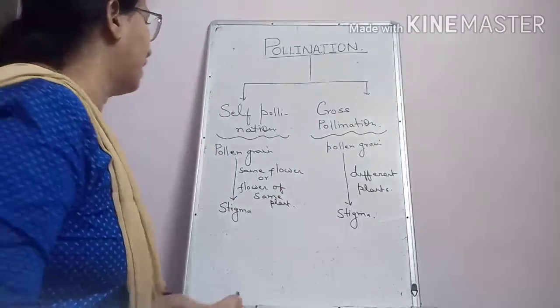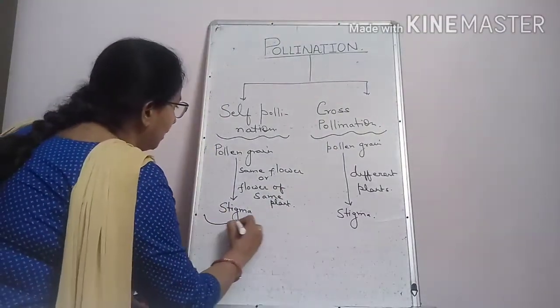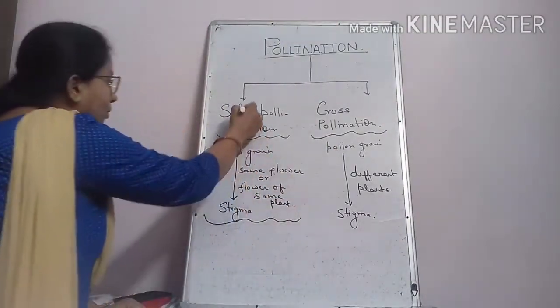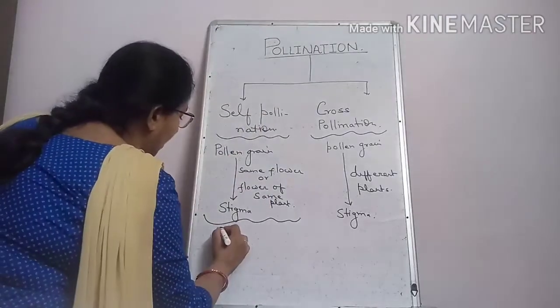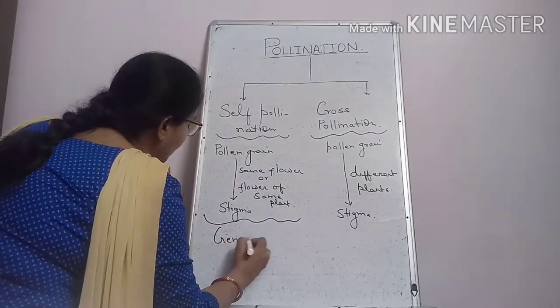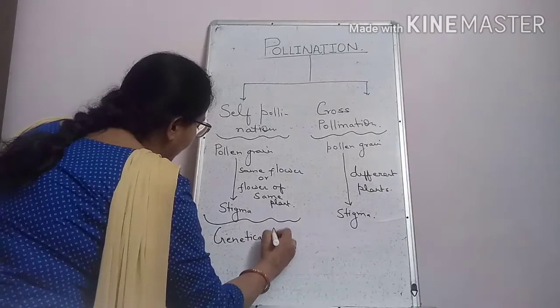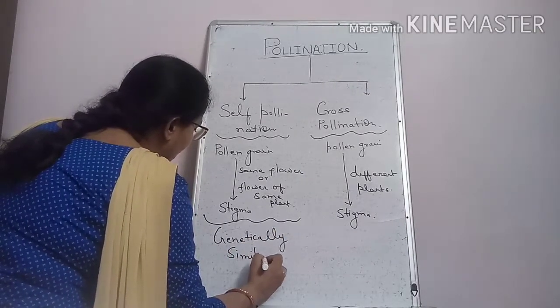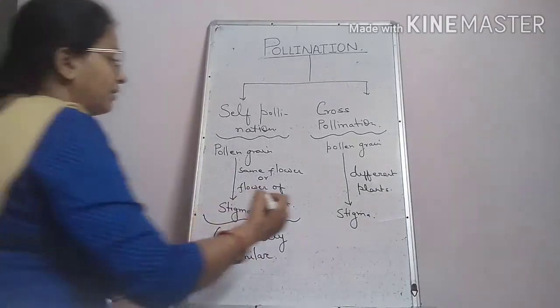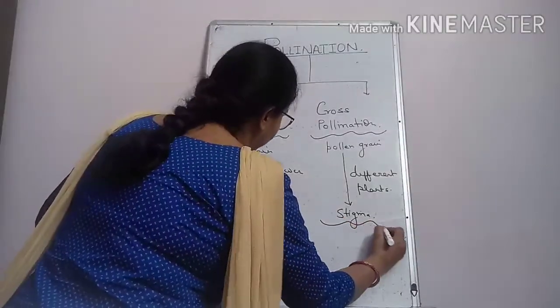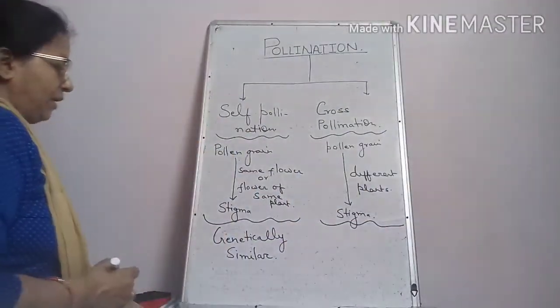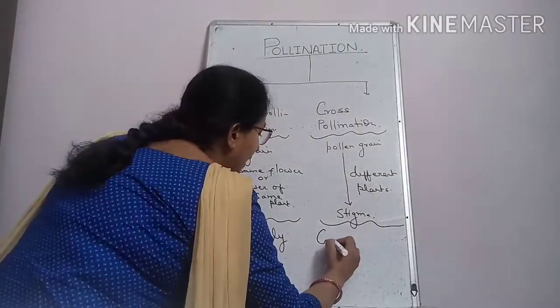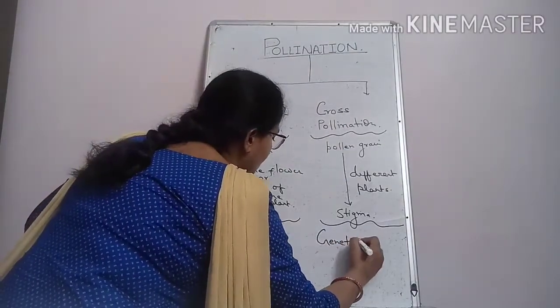This is the reason that when plants are grown by self-pollination, they are genetically similar, that means exact copies. But plants grown by cross-pollination are genetically dissimilar.